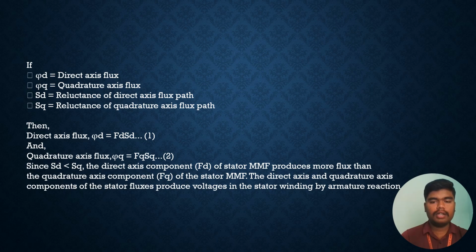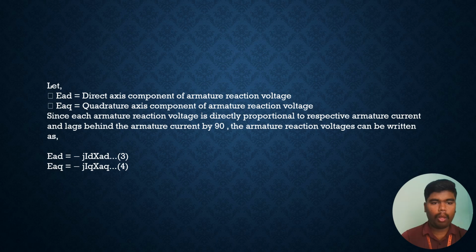The direct axis and quadrature axis components of the stator fluxes produce voltage in the stator winding by armature reaction. So let EAD be the direct axis component of armature reaction voltage, and EAQ the quadrature axis component of armature reaction voltage.